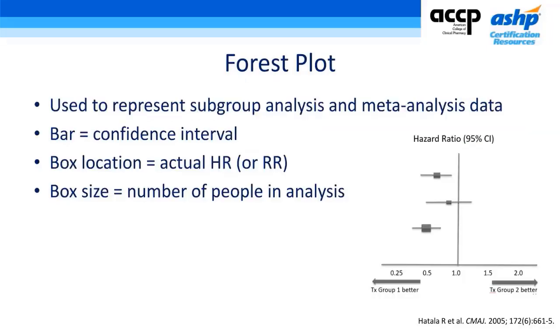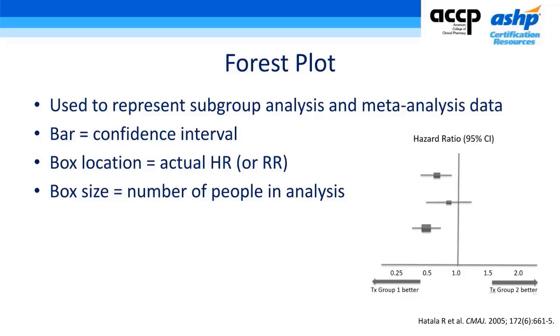The forest plot is a way to depict and represent the data from subgroup analysis. It's also a way to represent the data in a meta-analysis as well. So on the right-hand side of the screen is an example of what a forest plot may look like.